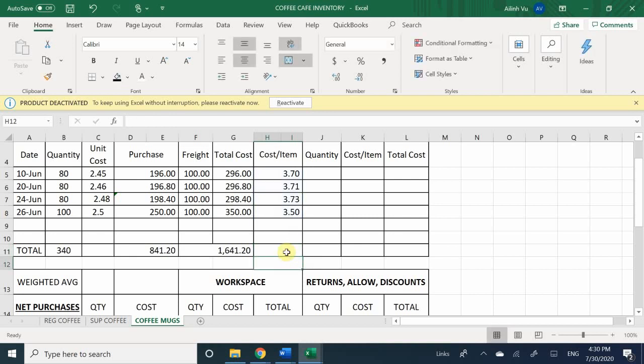So how much total inventory do I have? 340. Yes. What's my total purchases?